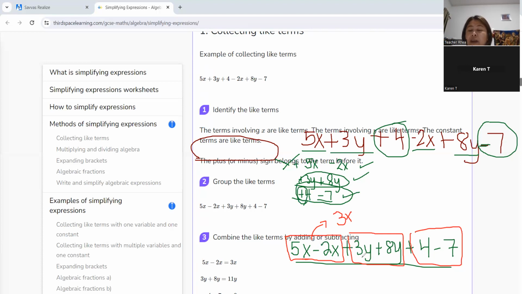Next is 3y plus 8y. It's positive 11y. Next, 4 minus 7. Is it positive or negative 3?